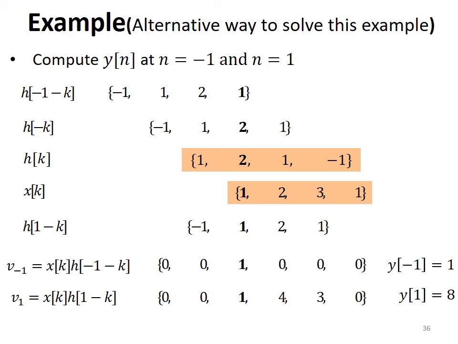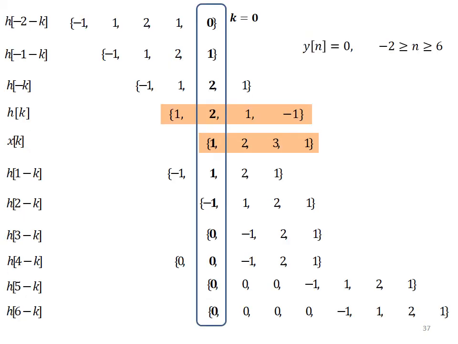So likewise you can carry on to multiply all the samples until you get non-zero results, right? And then you can write down all the values. So likewise you can compute the response of the system by placing all the shifted values of h of minus k and then multiply those values with x of k and compute the responses for different values of n.